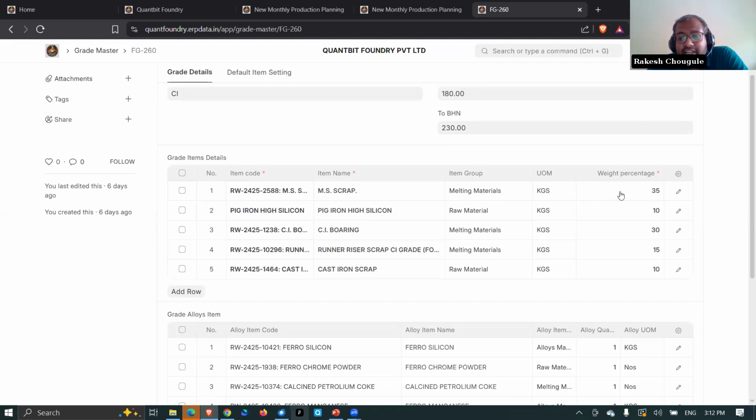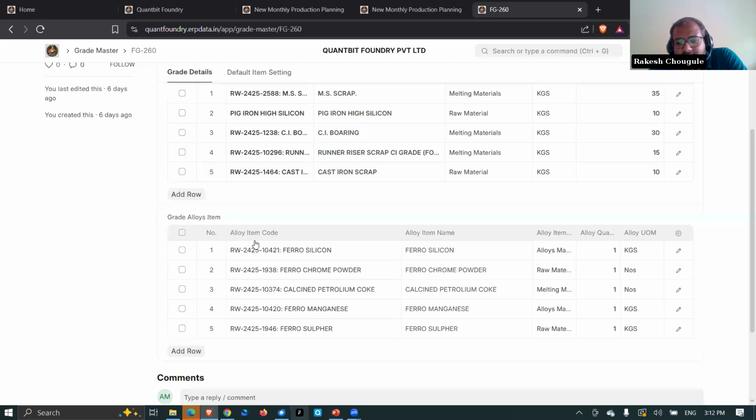Here we add the percentage of that charge mix, how much percentage is required for the production of the casting. So here you can see that MS scrap is required at 35%, pig iron 10%, CI boring 30%. These are the estimates, and at the time of manufacturing I will show you the actual charge mix we consume and the standard the system gives us. We will compare both of them, and we generate a budget analysis or standard costing.